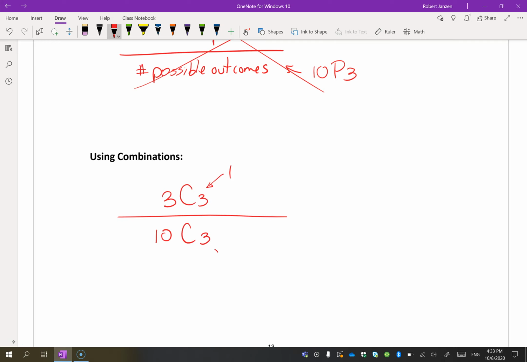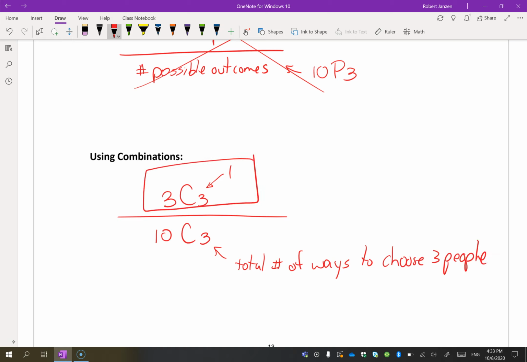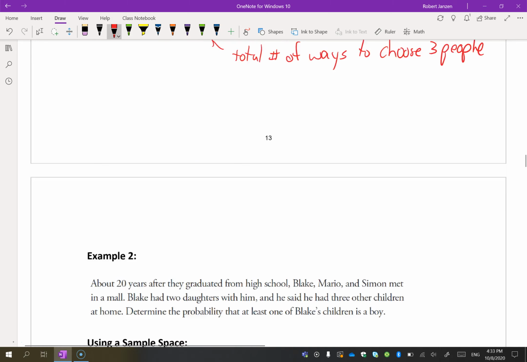So this is the total number of outcomes, the total number of ways to choose 3 people. But I don't want to choose just any 3. I want these 3. So this probability is going to be 1 out of 120. Okay, a little bit of a tricky start there to this lesson.